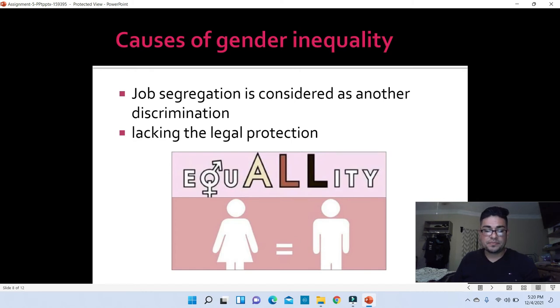After that, the cause that is seen all around the world, and especially in developing and undeveloped countries, is the lack of legal protection.